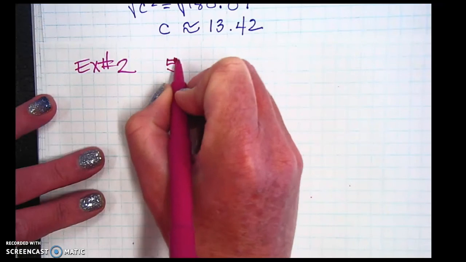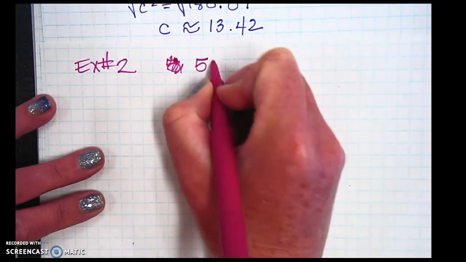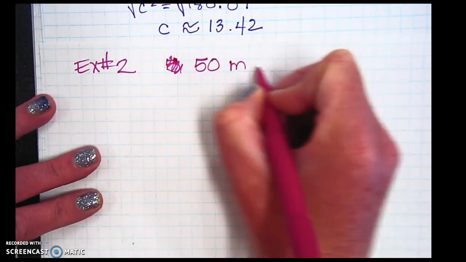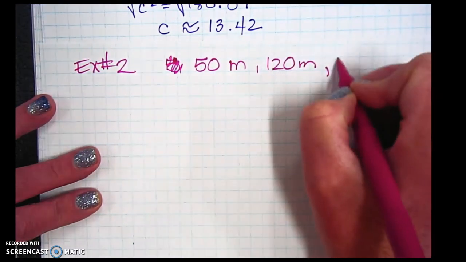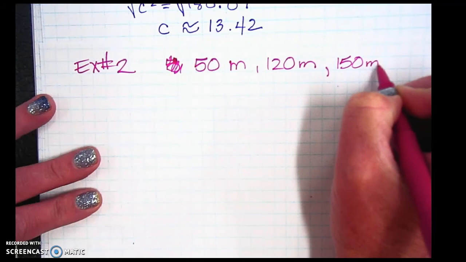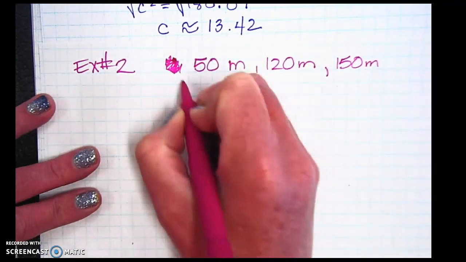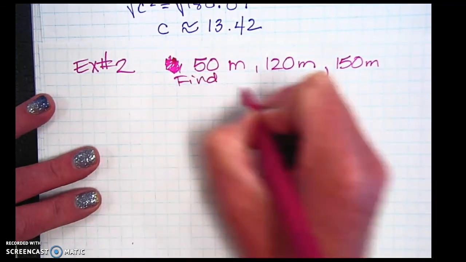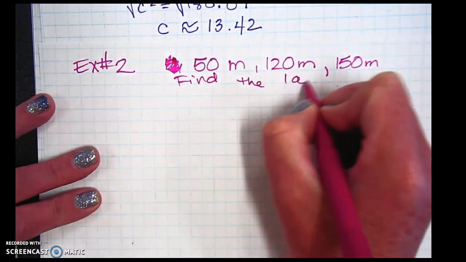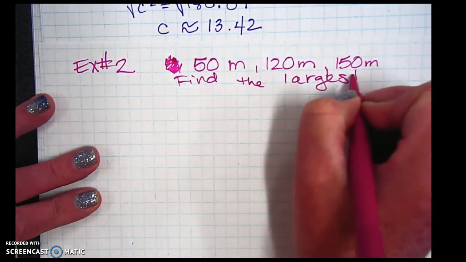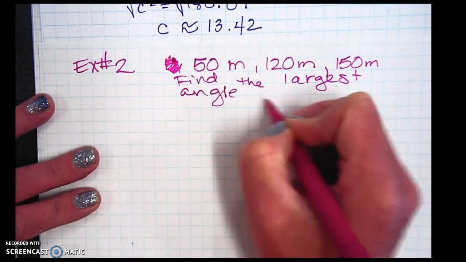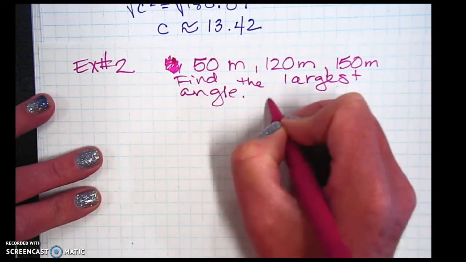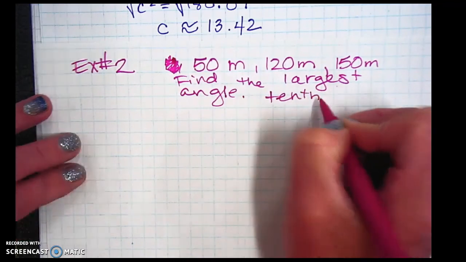We've got 50 meters, 120 meters, 150 meters. We want to find the largest angle, and we'll go to the nearest tenth again.